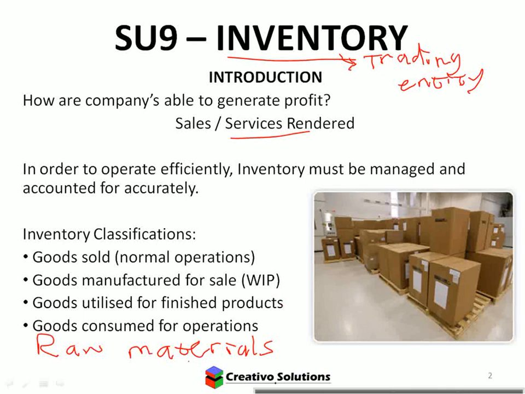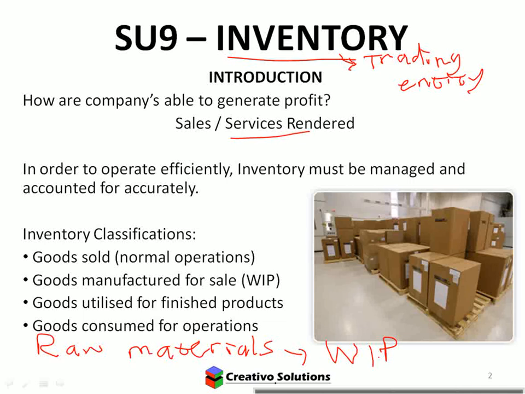So if I'm looking at raw material, it's still considered inventory, but it's just not in the finished form. Then, if I process it, I'm going to get work in progress. Work in progress is something that's still being built. So maybe the frame of the desk, the tabletop, the material for the chairs, etc. And then once you've got the actual finished product, then I'm going to sell it.